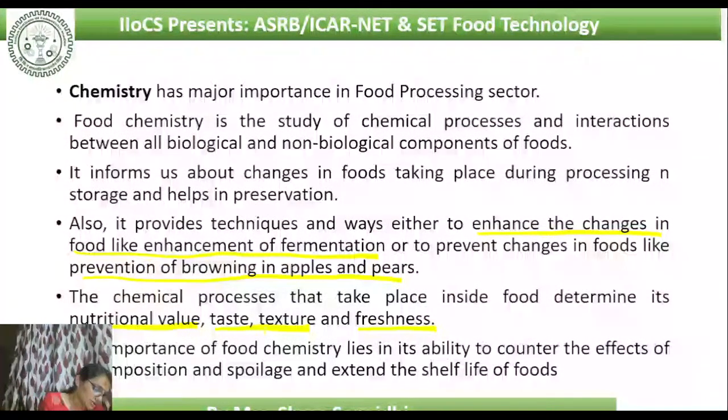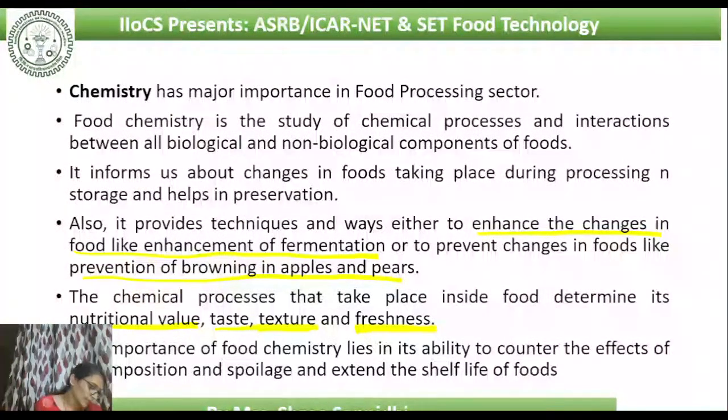And about the texture, if we know about the properties of the food, like which food will have a hard texture, and how to make the food a little hard or a little soft, by applying all that knowledge we can change the texture of the food. And also the freshness. There are chemicals which will indicate the freshness of foods too.